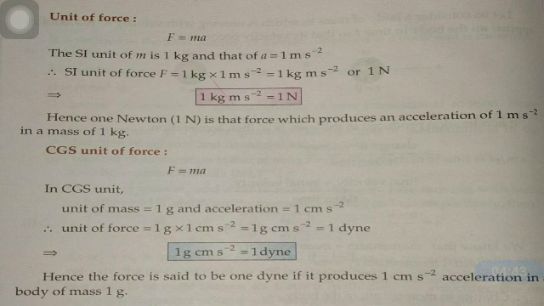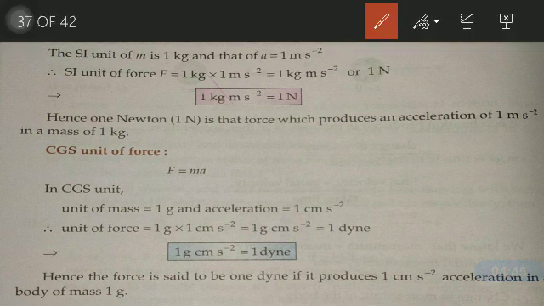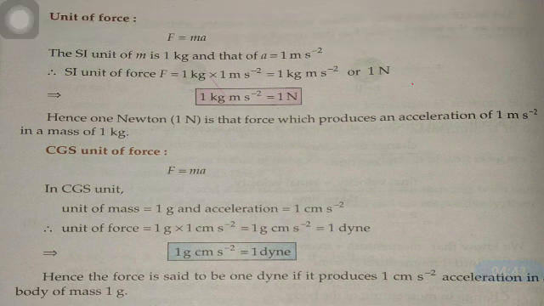As we know, force according to the formula is equal to mass into acceleration, right? So the SI unit of mass is 1 kg and that of acceleration is 1 meter per second square.